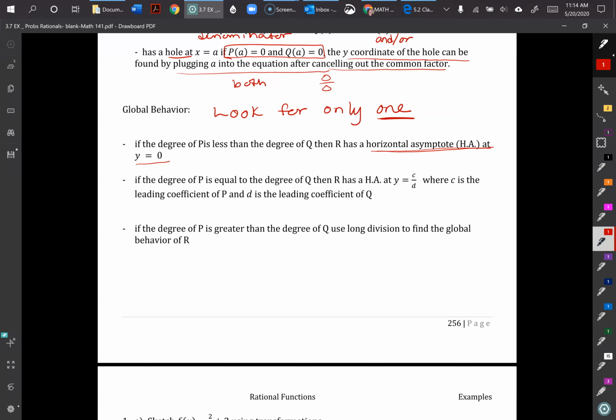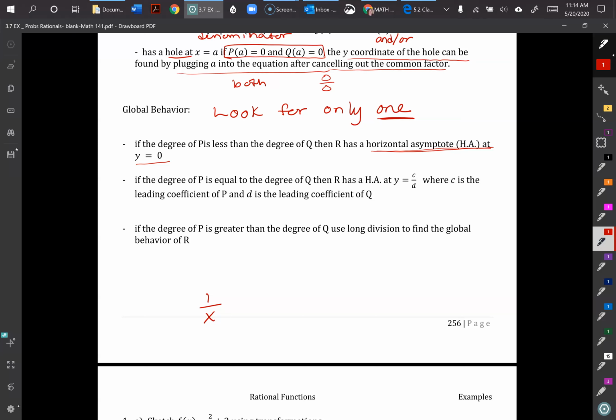For instance, if I have the 1 over x situation, this numerator would be a degree of 0 and the denominator is a degree of 1.